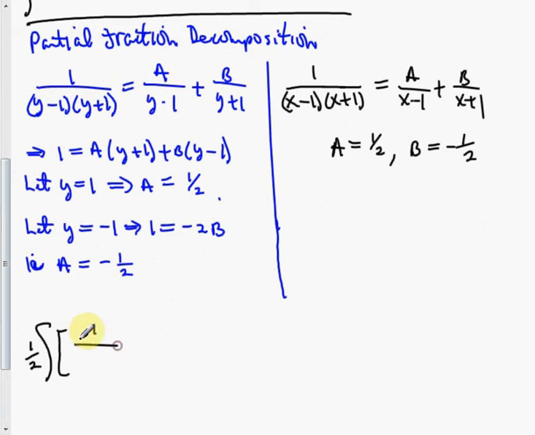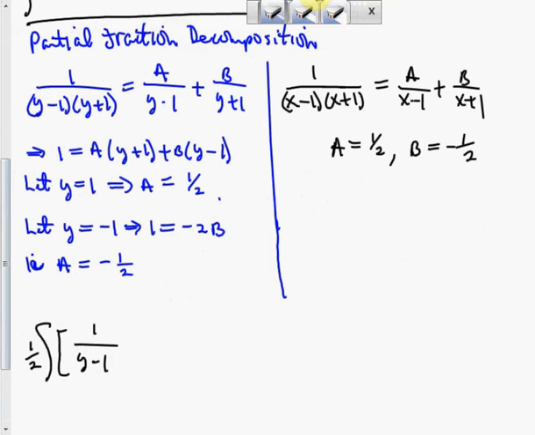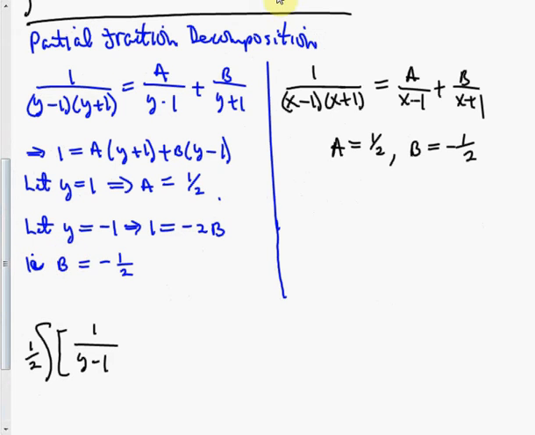This is 1 over y minus 1, right? And b, this is b. It's minus 1/2, but put the 1/2 out in front. And this is y plus 1 here.